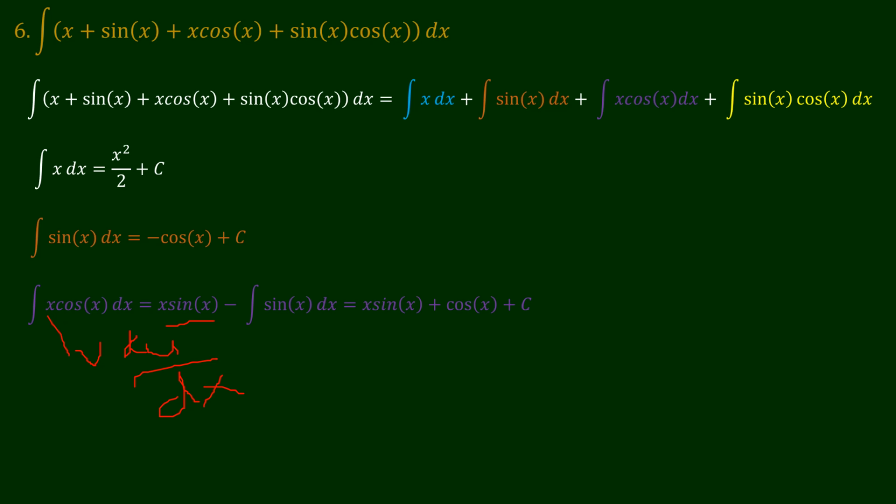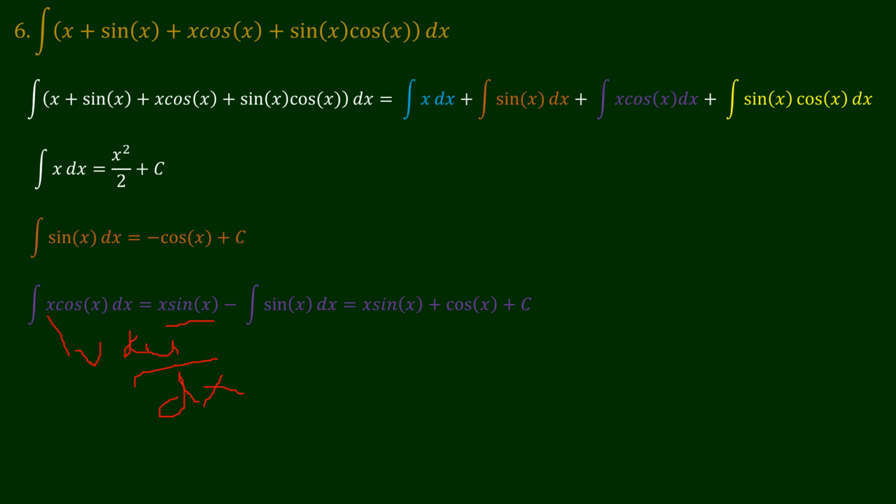Therefore, the product of u and v is x sine x minus, and then here now we have the product of dv/dx times u. So dv/dx, v being x, dv/dx is 1, so we have the integral of sine x.